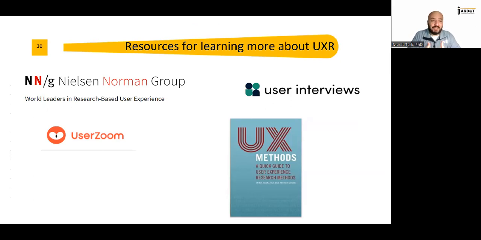And UserZoom, again, has lots of free resources about the fundamentals of UX research. And my favorite book, UX Methods, A Quick Guide to User Experience Research Methods. You can also consider getting that book and reading it if you are really interested in learning more about the fundamentals of UX research.